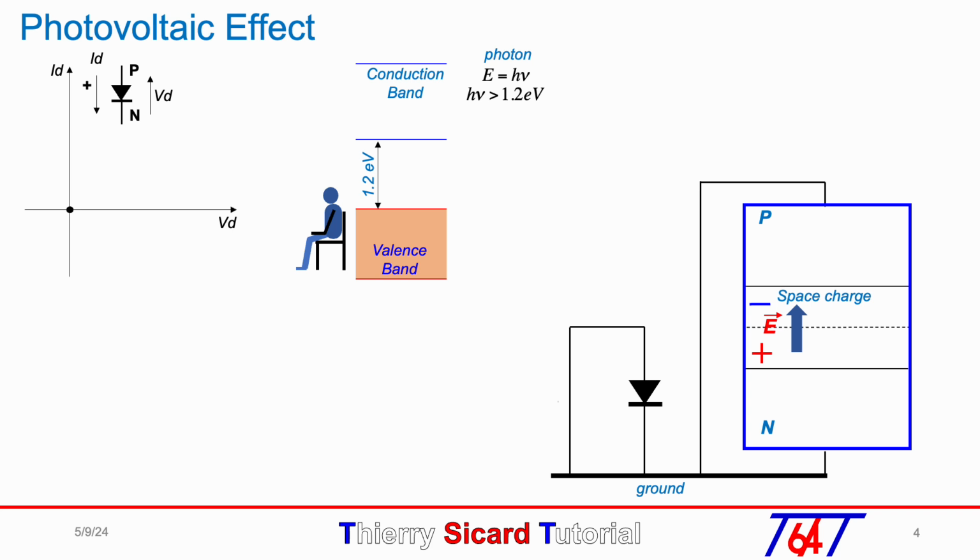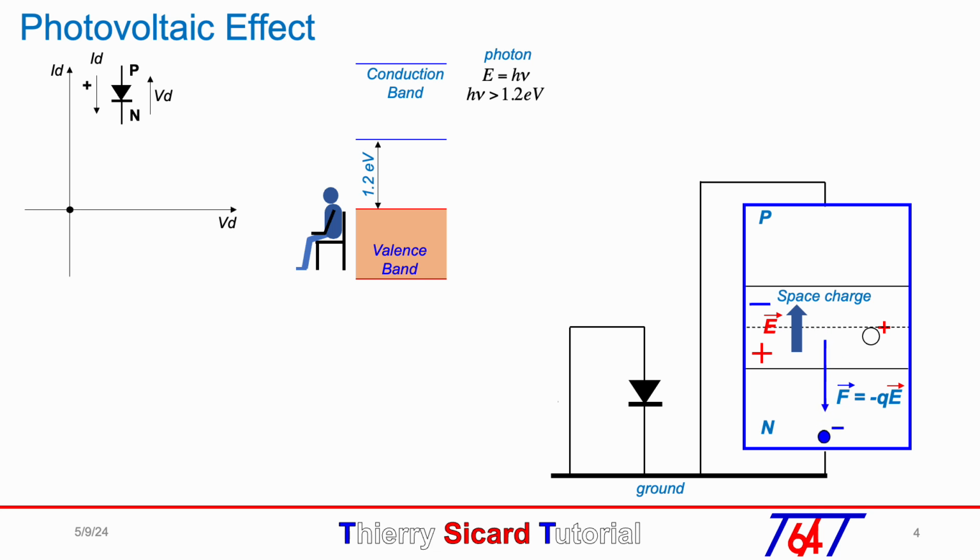So now, if a photon creates an electron-hole pair in the space charge, this electron will be immediately subjected to the electric field E, creating the force F equal to QE. This electron, before it gets a chance to recombine with the hole, will be subjected to the electric force and be sent to the N side.